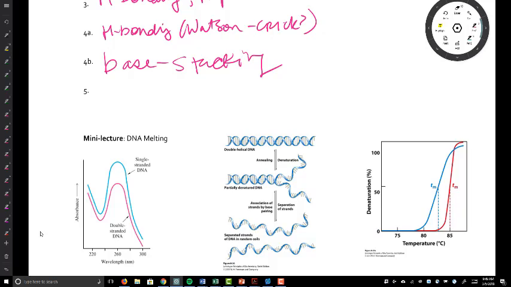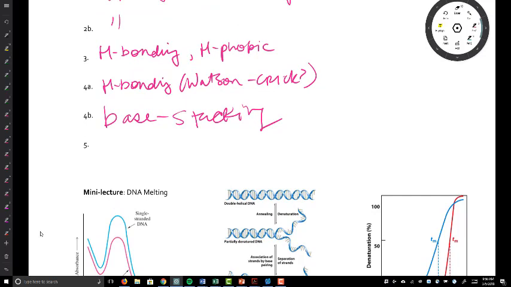And so, yes, there are hydrophobic interactions going on here. And there can also be hydrogen bonding going on between groups. But some other interactions that we could think about too is we also have the electrostatic repulsions between the phosphate backbone.